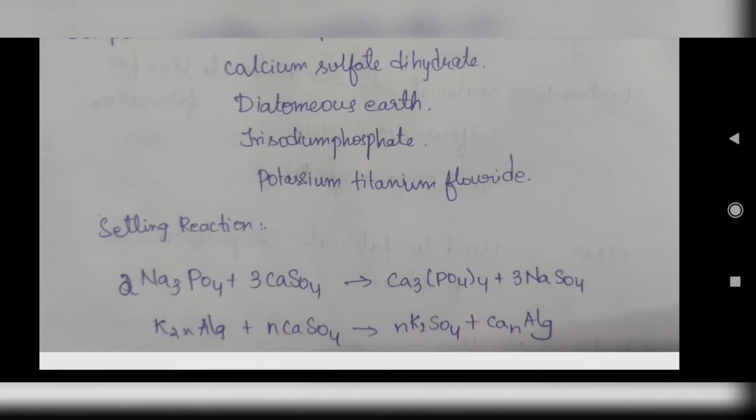So it forms potassium sulfate and calcium alginate. It's a very important point that trisodium phosphate retards this reaction, and only after its completion do the potassium salts of alginate react with the calcium sulfate and form potassium sulfate and calcium alginate.